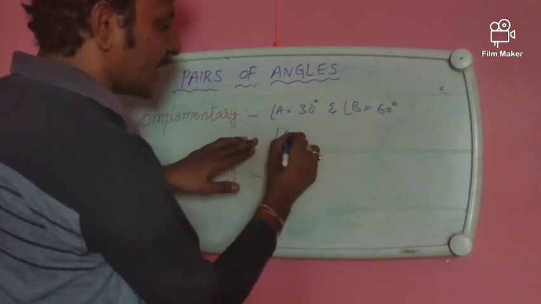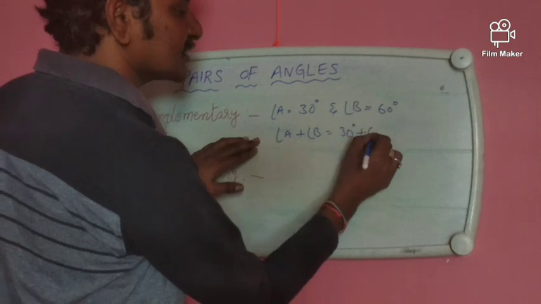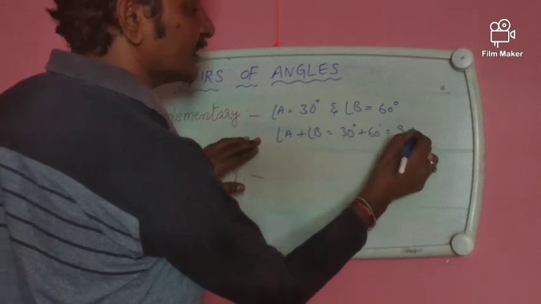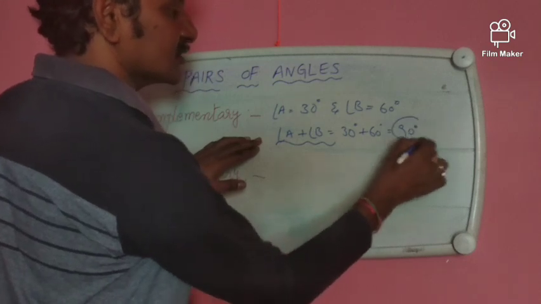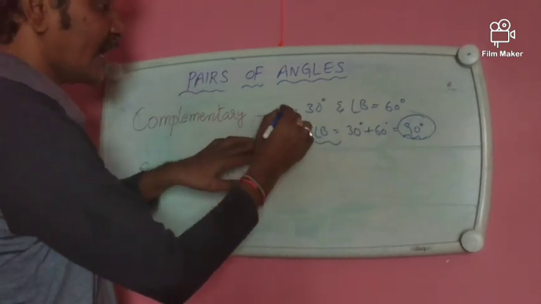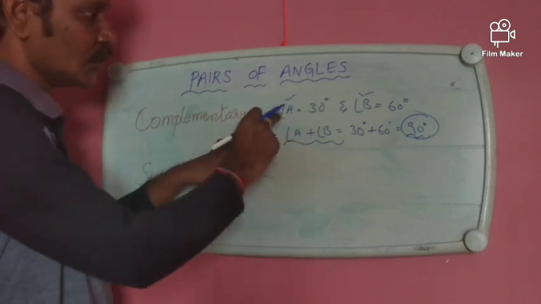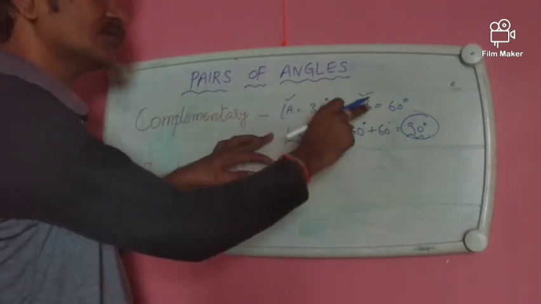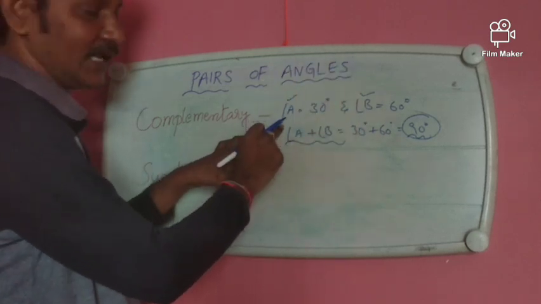Adding, angle A plus angle B is 30 degrees plus 60 degrees, giving 90 degrees. So their sum is 90 degrees. Then A and B are called complementary angles. A is called the complement of B, and B is called the complement of angle A.